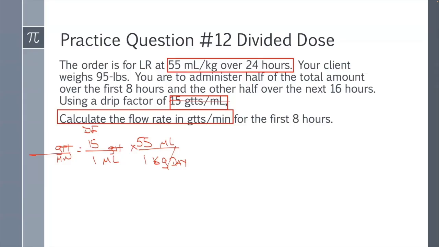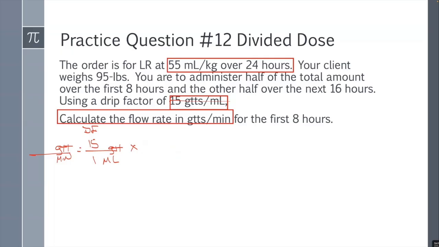So the way we write that is 55 milliliters per kilogram. The milliliters are in the numerator, 1 kilogram within the denominator, and then the 24 hours of the day in the second part of the denominator. So there are 2 units in the denominator of this question. 55 milliliters per kilogram per day. It's essentially what that's saying in that box right there. So this is how I plug that in.